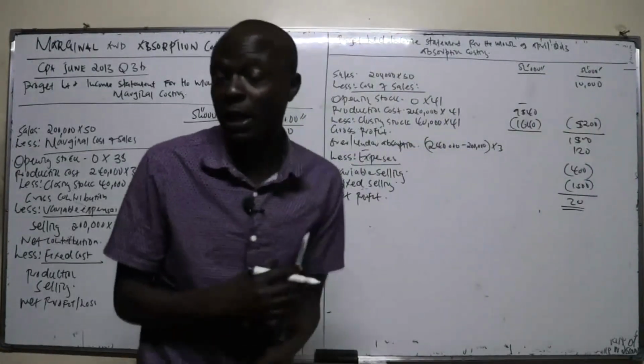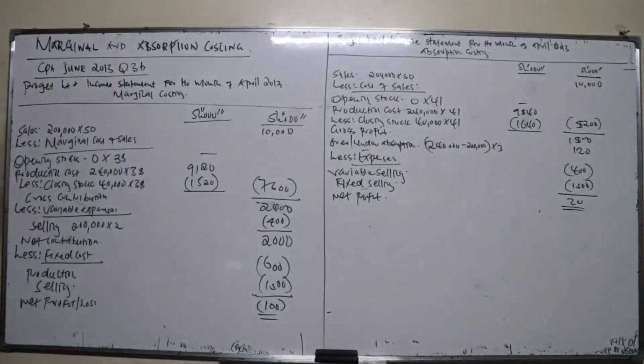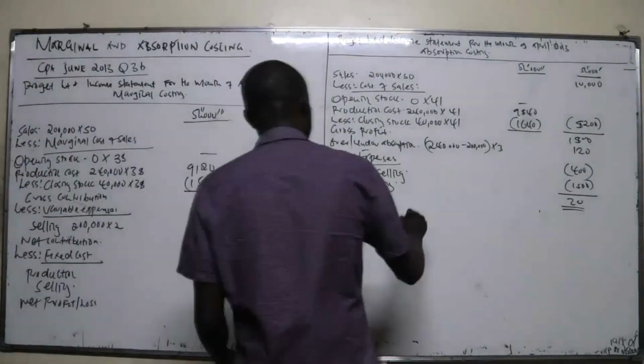So in this question, they did not require us to reconcile, but I told you, you need to know how to reconcile, isn't it? So you can write here reconciliation statement.